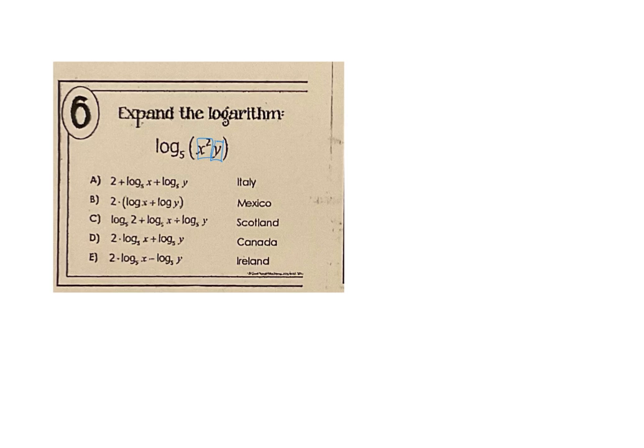So that means that we can separate two logs that are being multiplied and write them on the same base. So we can write these as two separate logs of base 5 and put a plus sign in the middle. So let's do that first. I have log base 5 of x squared plus log base 5 of y.